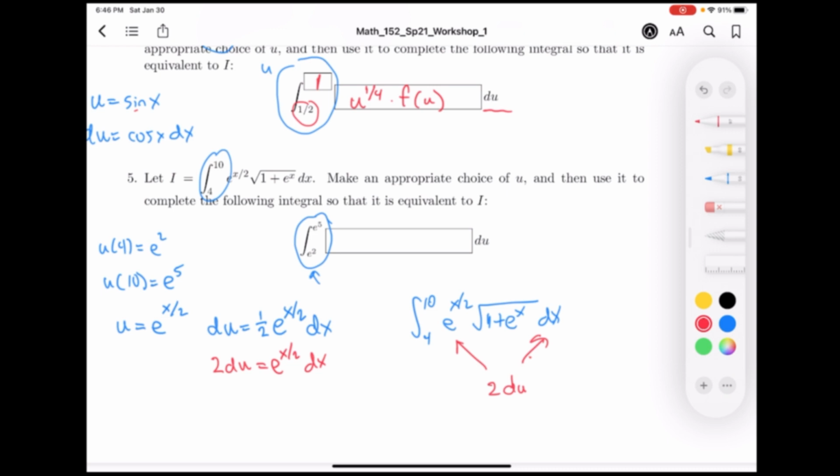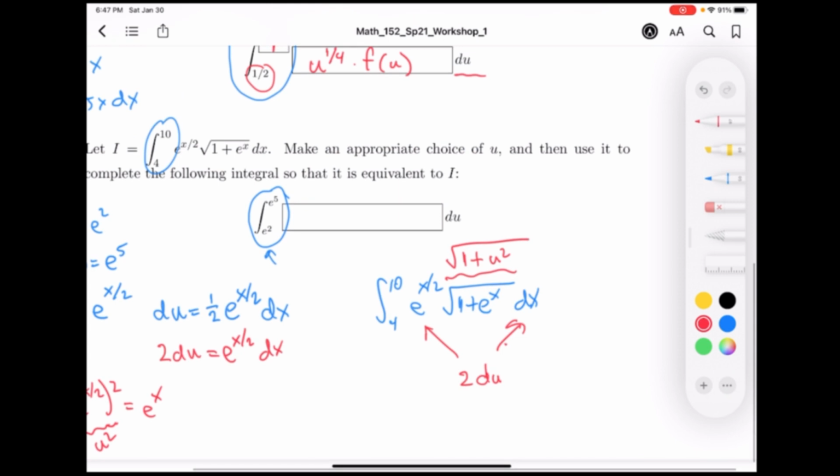And the other thing to recognize here is that e to the x over 2 squared is equal to e to the x. So that means that I can replace e to the x with u squared. In other words, since u equals e to the x over 2, that means that u squared equals e to the x. So this is going to be the square root of 1 plus u squared, like that.